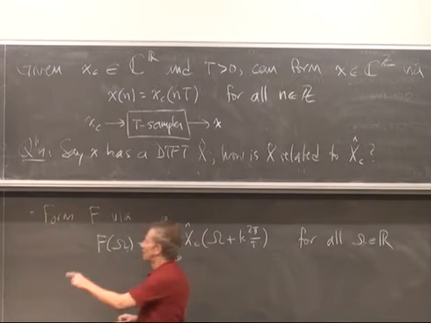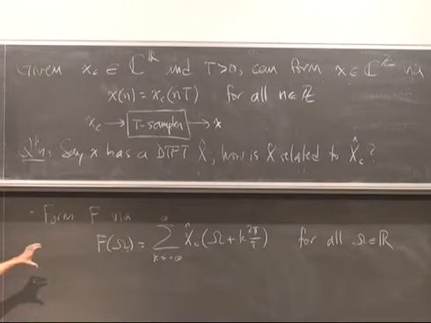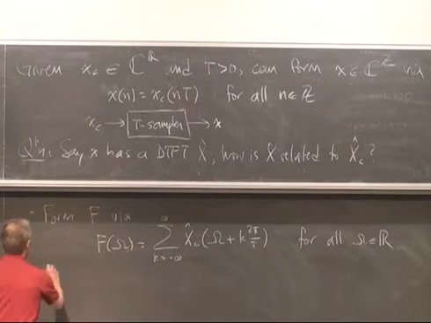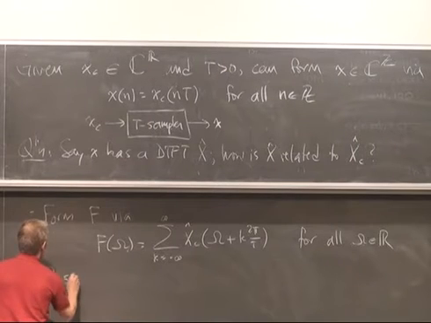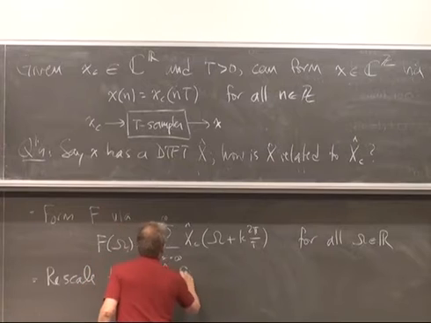From f, you get x hat simply by rescaling f both in amplitude and argument. So rescale to get x hat from f.